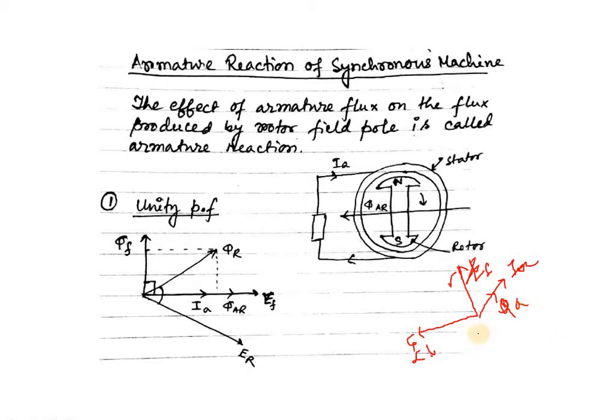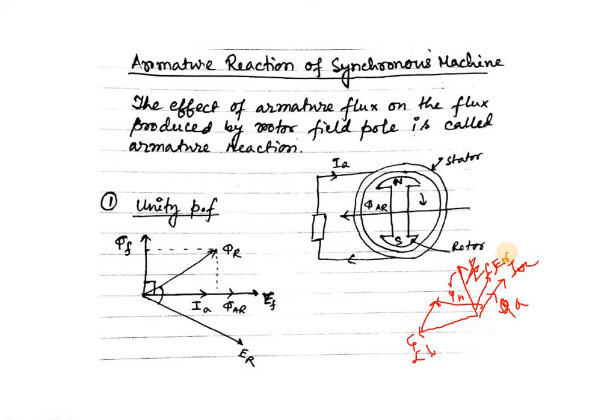These two decide the resultant flux, and the resultant flux will be in this position. This is the resultant flux phi r, and due to this resultant flux, the induced EMF will be 90 degrees from phi r. It will be the resultant EMF induced.